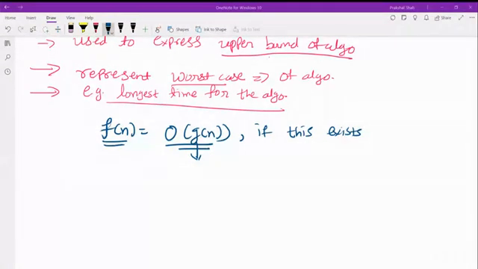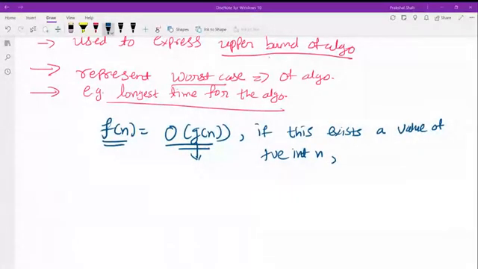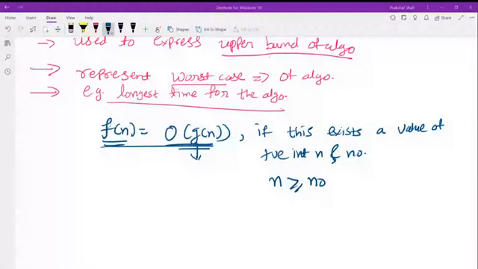If this exists for a positive integer n and n naught, then can I say that for every n greater than n naught, this holds true? Yes or no? Right?